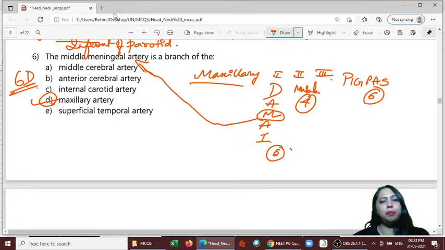DAMAI. So this is deep temporal, accessory meningeal, then this is middle meningeal, and then there is the inferior alveolar nerve. All these are very close to the mandibular part.